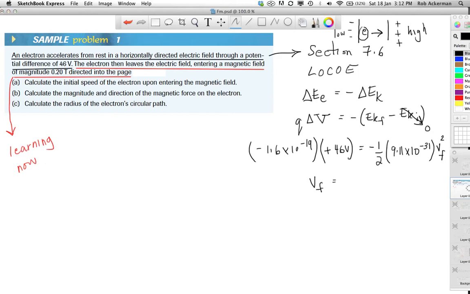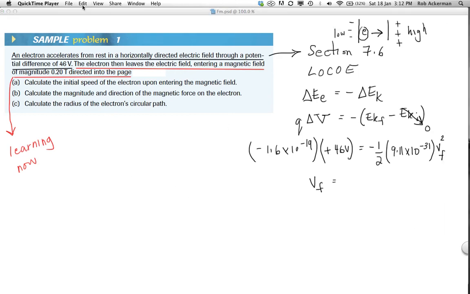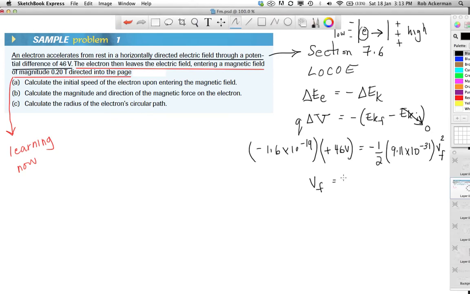So let me just pause the video here and make sure that I get the right calculation. Okay, so I've got a value of the final speed of the electron being 4.0197 and a whole bunch of other digits times 10 to the 6 meters per second.